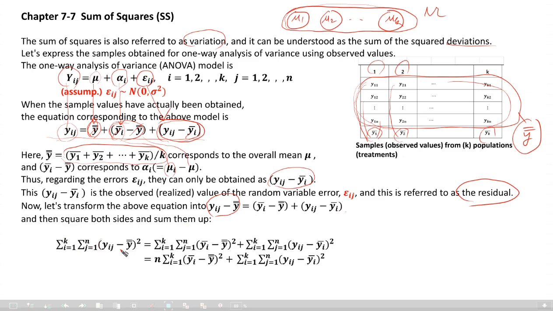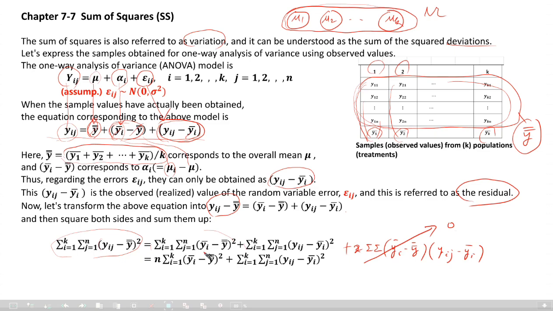Of course, plus 2 times the summation of yi bar minus y double bar times the cross product term yij minus yi bar. Fortunately, this is going to be 0. If you want, you can calculate why this term is 0.